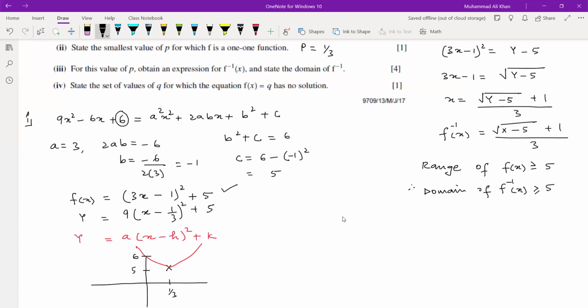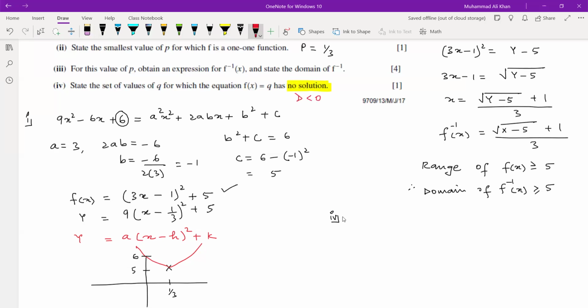Now after that, in part 4, state the set of values of q for which the equation has no solution, and no solution means discriminant is less than 0.